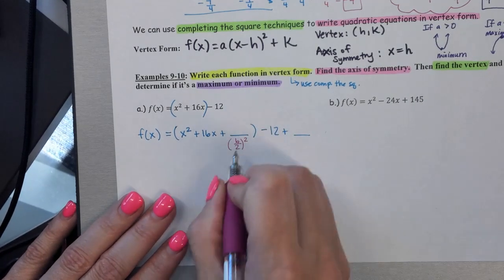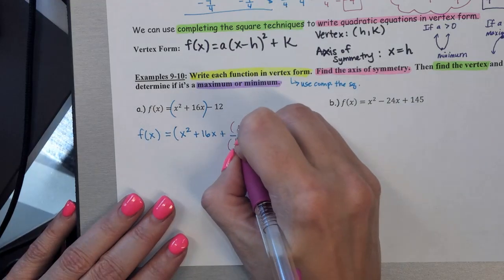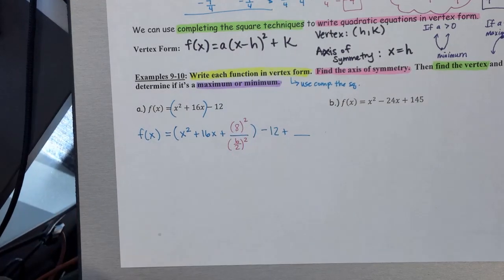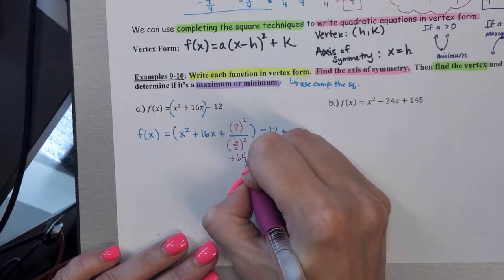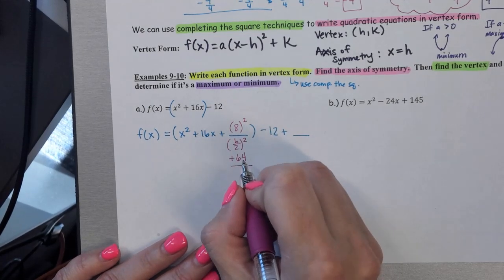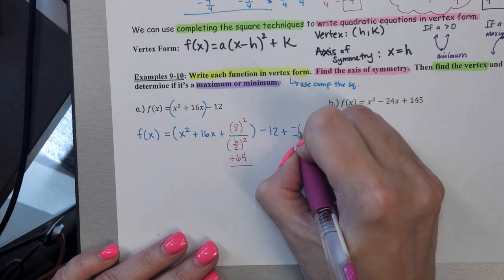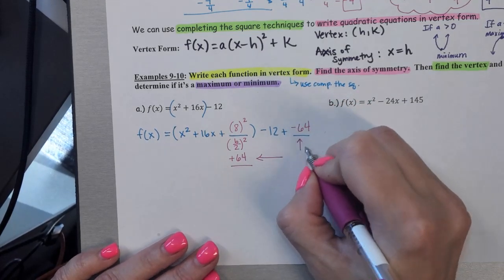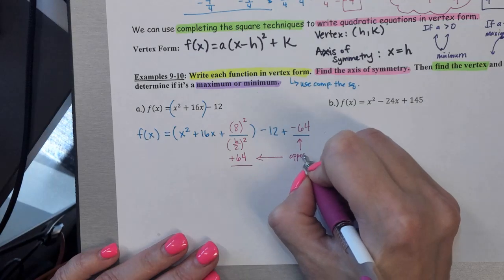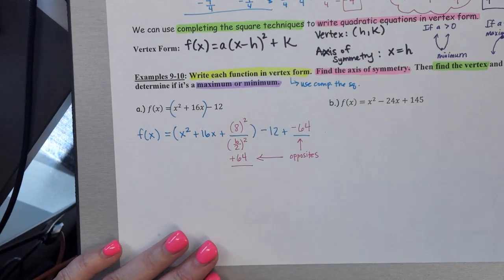If I take half of b, which is 8, and square it, I get 64. What you're doing here is adding 64. So if you're adding 64, you have to subtract 64 to balance the equation. These have to be opposites.